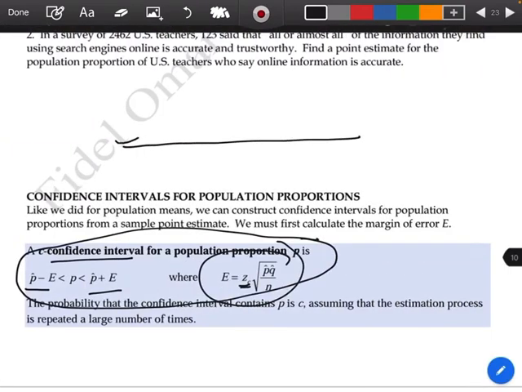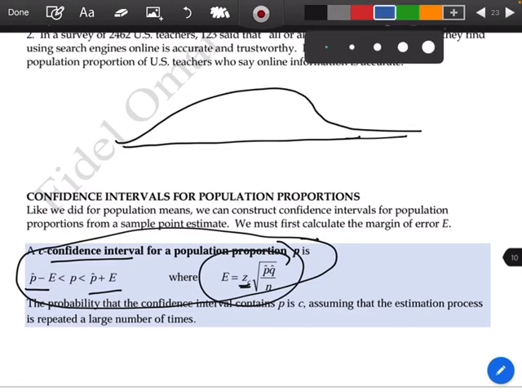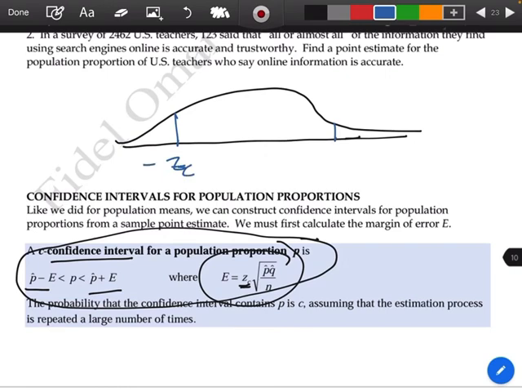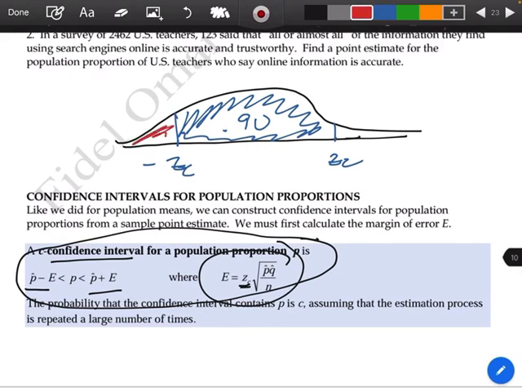So in this case, we're looking for a 90% confidence level. Remember what that means? That means that if I have my normal curve that looks something like this, I'm going to have these 2 values here, one of them negative, the other one positive. But what this is telling me is that 90% of the area is going to be between these 2 values.